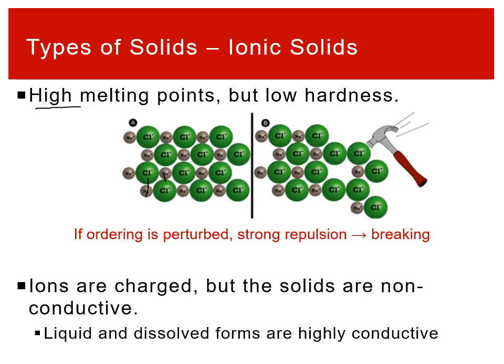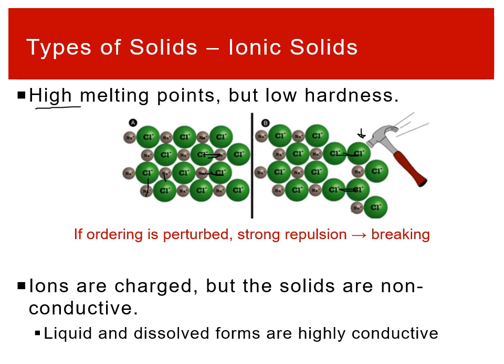But they don't have high hardness. Hardness is about scratching and breaking. If you perturb an ionic solid a little bit, say taking a hammer and whacking a piece of salt, you shift the atoms a little bit, and now instead of positive negative contact, it becomes negative negative.